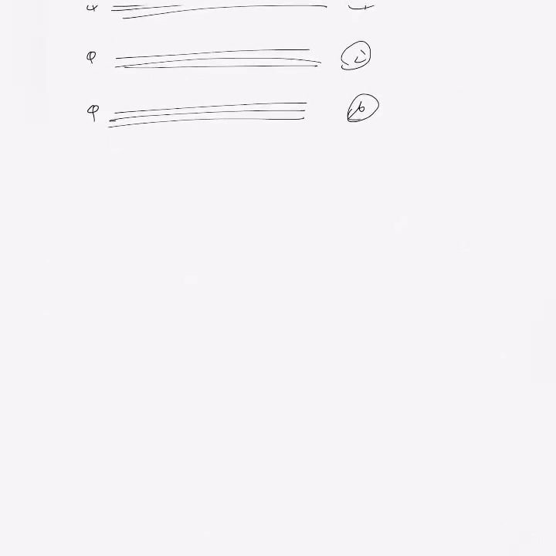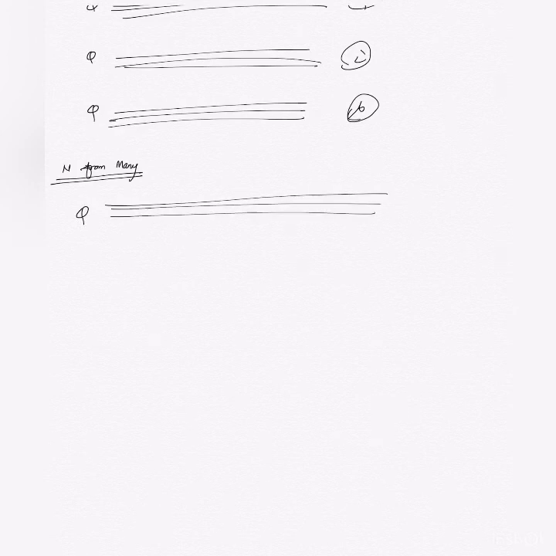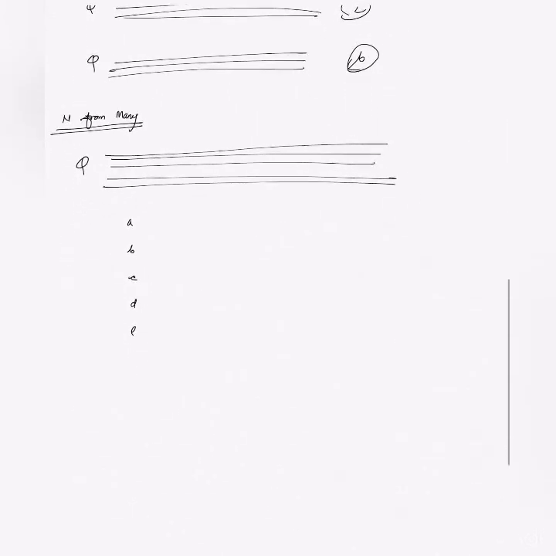Then coming on to N from many. The question will be provided to you, and again the options will be given A, B, C, D, E. And then you have to choose more than one option from the same question.